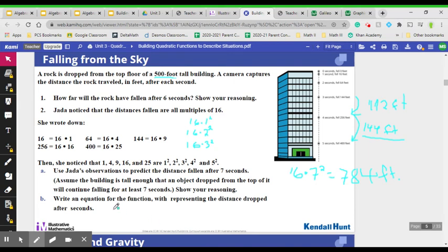So if I wanted to know the distance after t seconds, distance would be equal to 16 times the number of seconds, t, squared. Or if you wanted to write it with y's and x's, the equation for how far it would have gone is 16 times x squared, if x is the number of seconds and y is feet. And we could check our answer pretty easily: with 2 seconds, it would be 16 times 2 squared. Well, we already know the answer is 64, so that means we found our equation correctly.